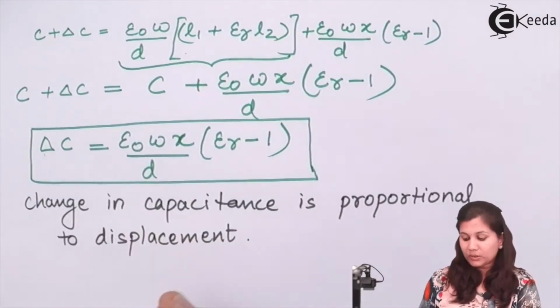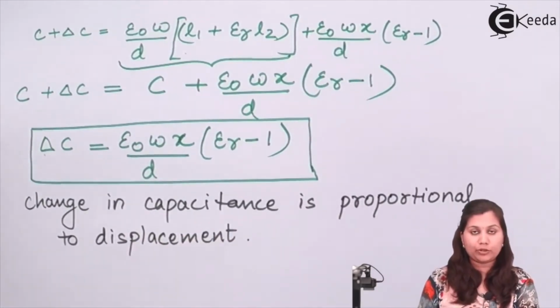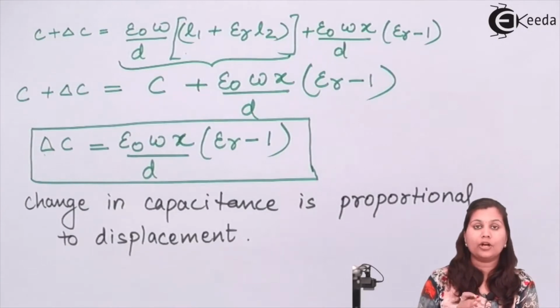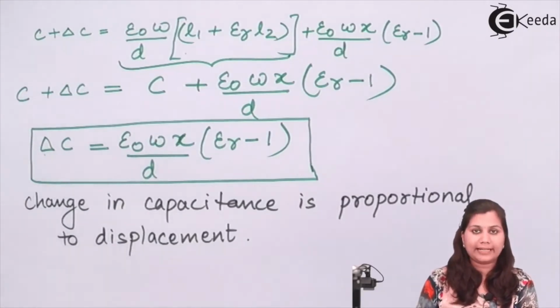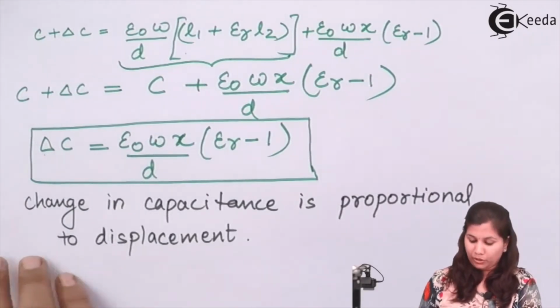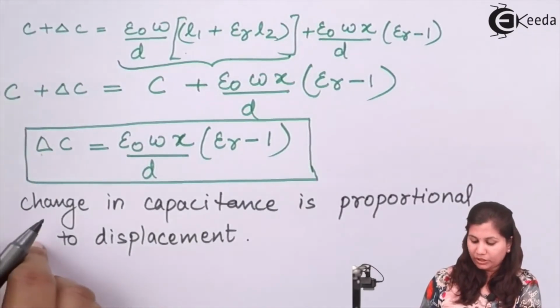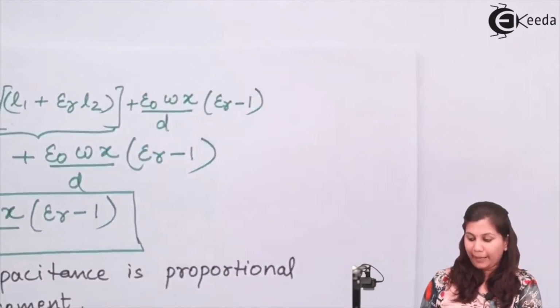Okay, so in this way the displacement can be measured by changing the capacitance due to the variations in the dielectric constant. So this is one way in which we can use the capacitive transducers based on the principle of variation of dielectric constant for measurement of displacement.